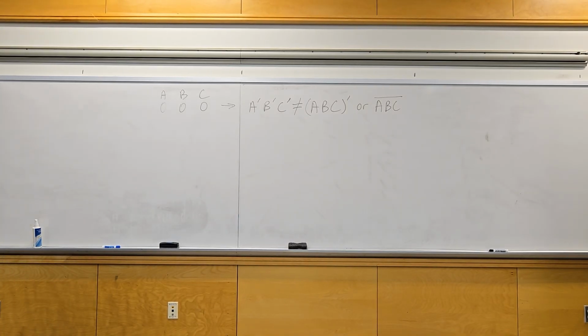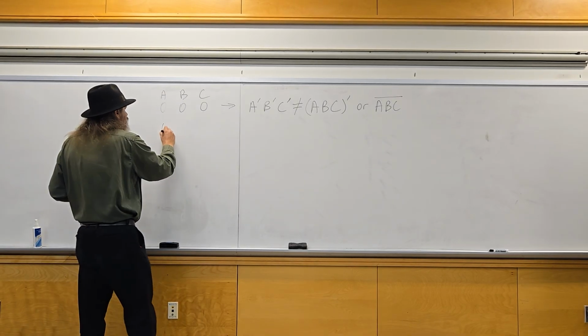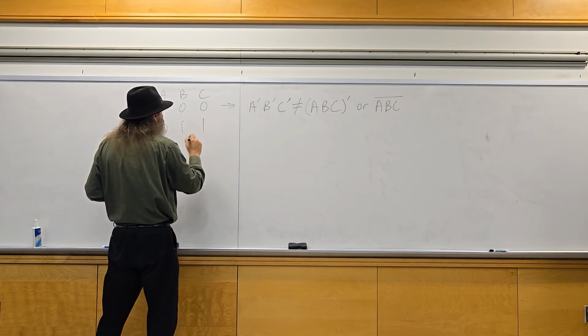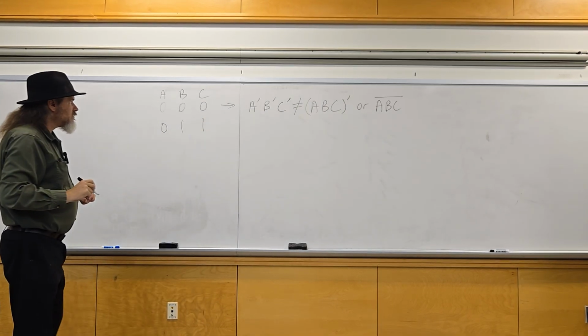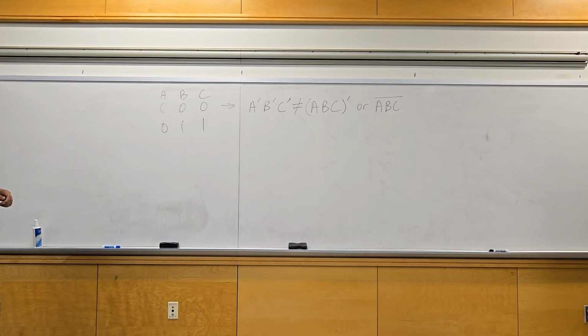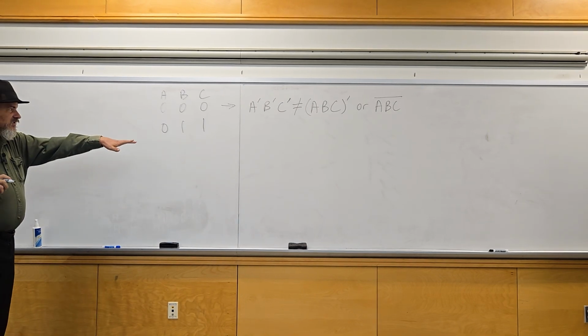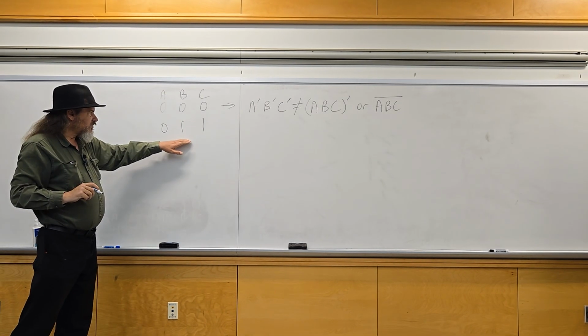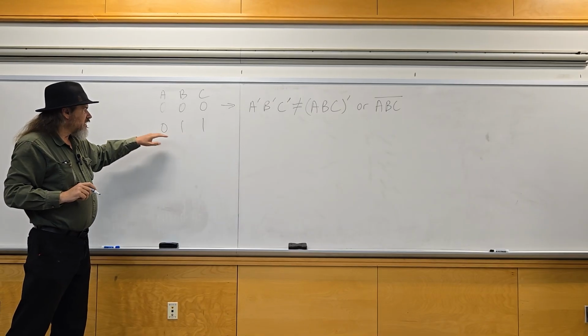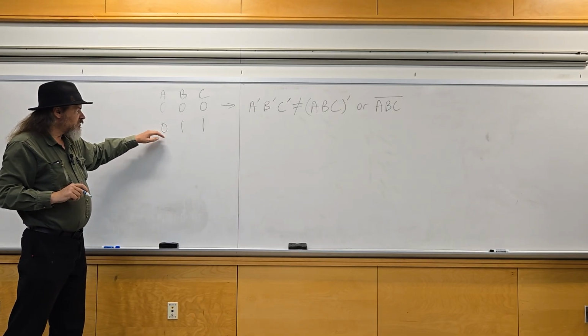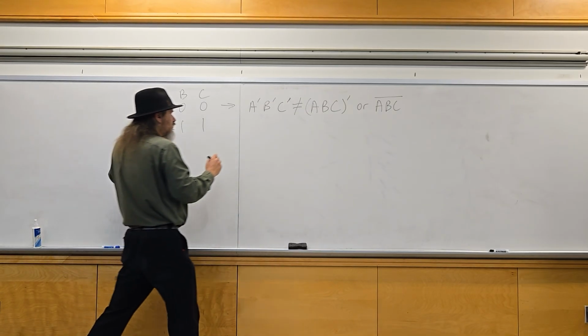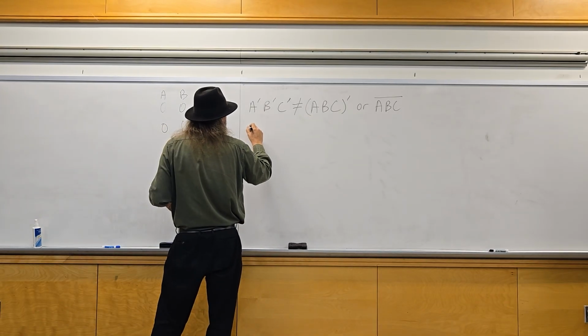The second row to have a 1 output is 0, 1, 1. Now you got 2 of them that are 1s, so those will work. But the A needs to be inverted to be a 1 to make the output of the AND expression 1.